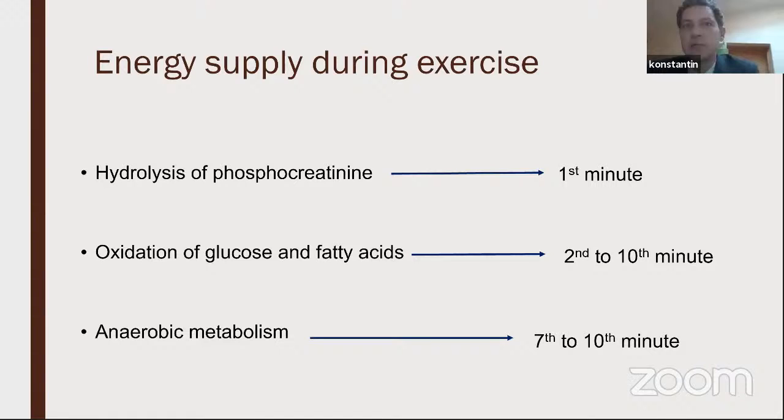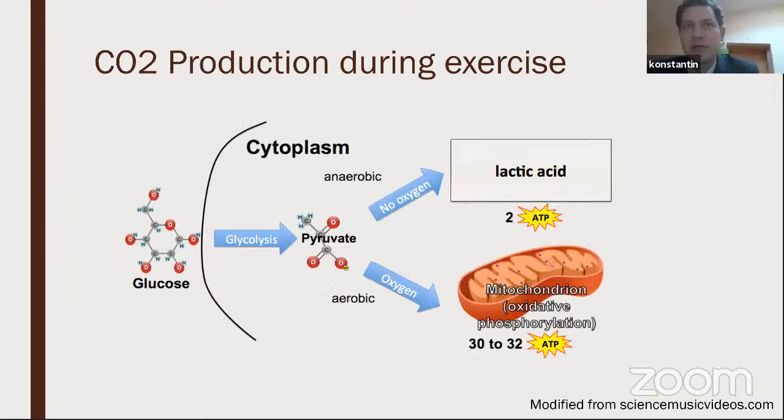This is a very simple way of showing how you produce energy. So on the left side of the slide, you've got the glucose, which is transported on a cellular level to the cytoplasm.